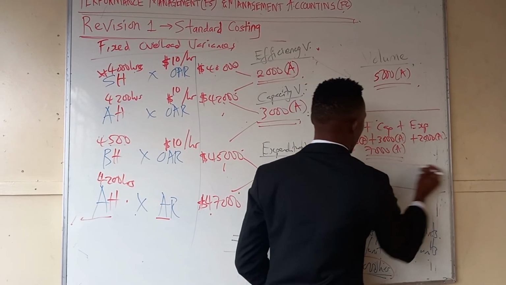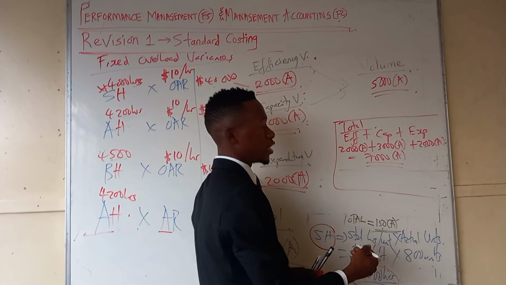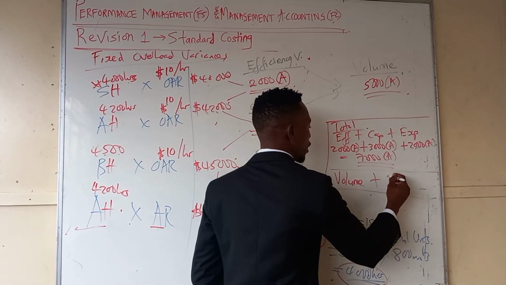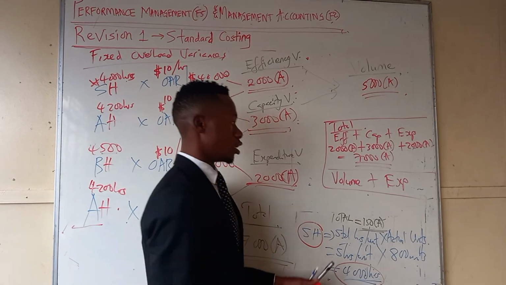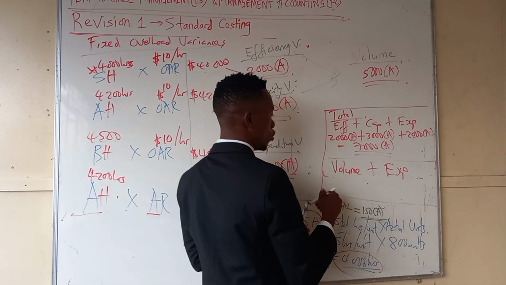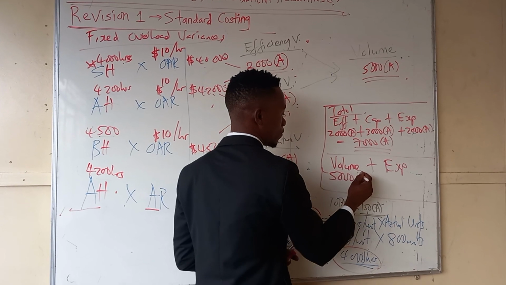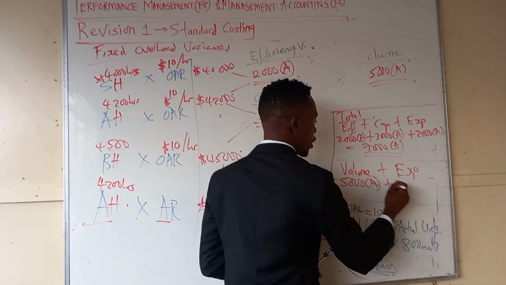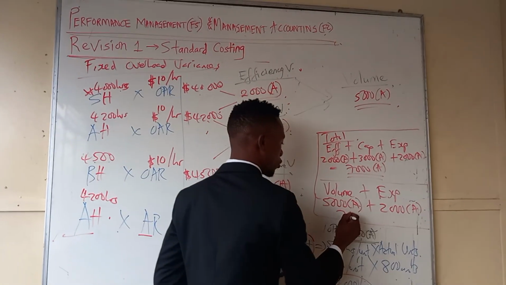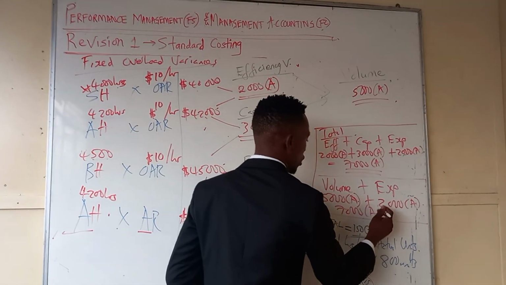Or you just say the total variance is volume plus the expenditure. Your volume is 5,000 adverse and your expenditure is 2,000 adverse. Then you get 7,000 adverse.